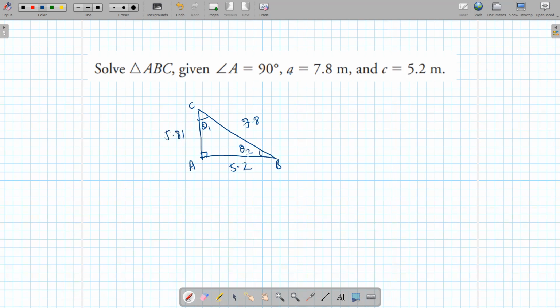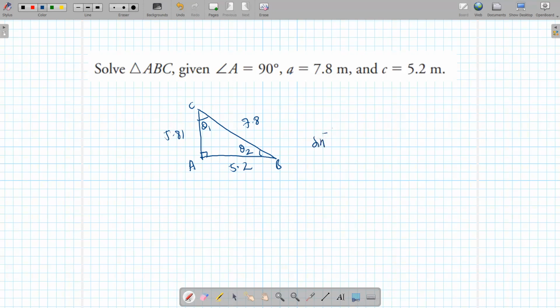Okay, how do you solve for theta 2? You can use any 2 sides, right? Because you have everything. And check this out.